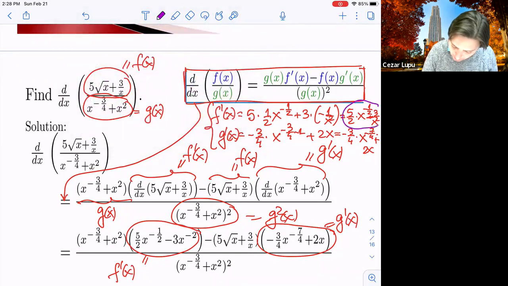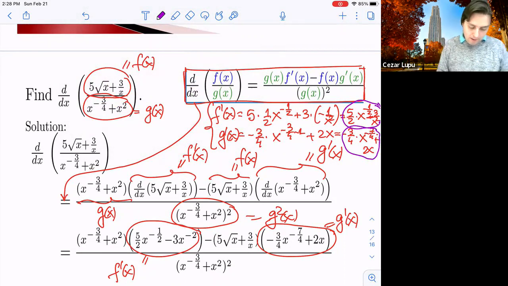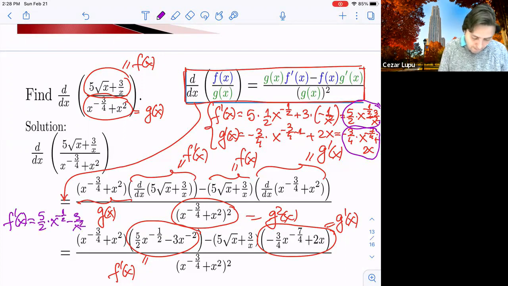Look at this one here and this one here. Let me write them here again. So f prime of x is 5/2 times x to the negative 1/2 minus 3 over x squared. And g prime of x is negative 3/4 times x to the negative 7/4 plus 2x.